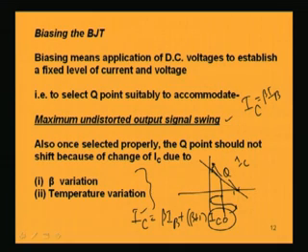So, we will be discussing how different biasing schemes operate. We will first discuss the different biasing schemes, and then see which biasing scheme is better with respect to this shifting of Q point, that means stabilization of Q point. Stabilization of Q point we will be discussing afterwards.